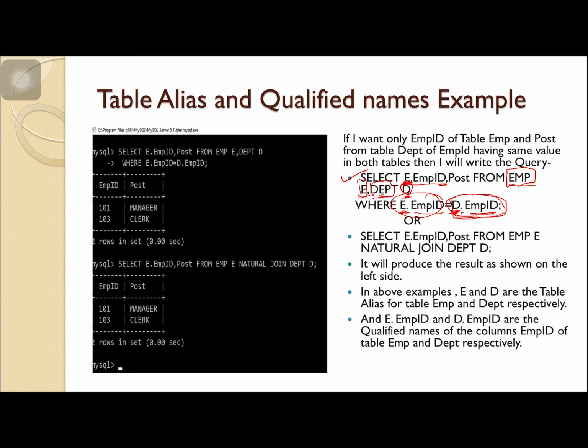So to reduce ambiguity, we show here that E dot employee ID means employee ID of employee table, and here D dot employee ID equals to employee ID of department table. Okay. So these are the qualified names which show the address of a particular column, and this is known as qualified name.